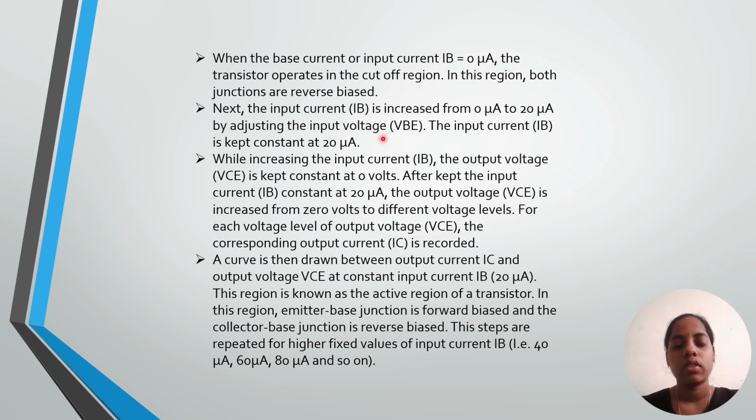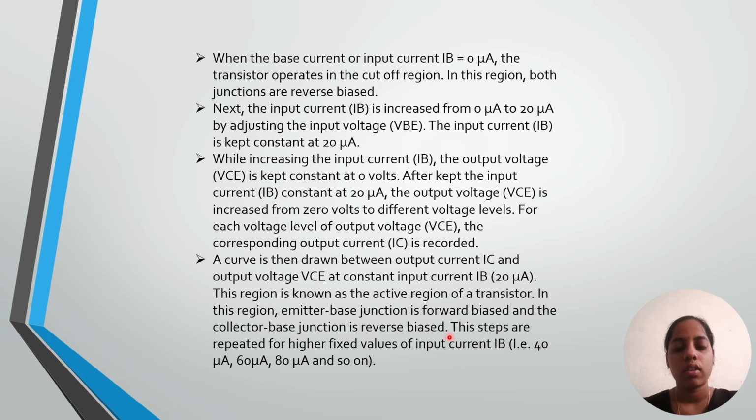Next, the input current IB is increased from 0 microamperes to 20 microamperes by adjusting the input voltage VB. The input current is kept constant at 20 microamperes, with the output voltage initially at 0 volts.